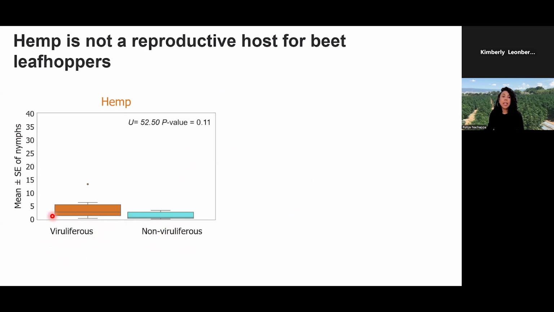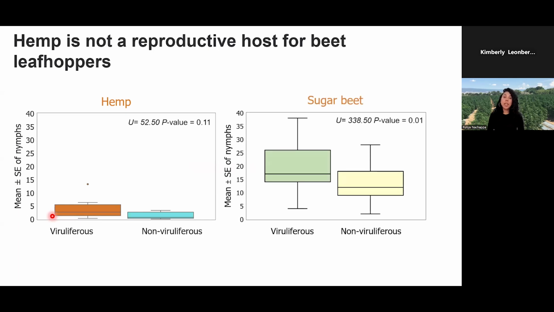You can see it's less than an average of 5, whereas on sugar beets, they can reproduce 3 times as many. So even though a host may not be a reproductive host for the leafhoppers, they can spread the virus while passing through or just incidentally, and the plant can get infected.